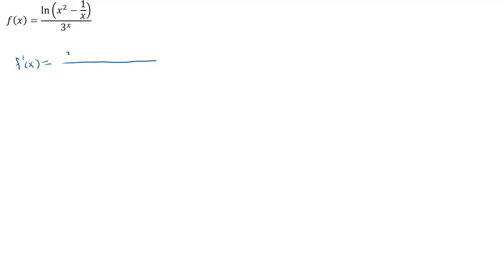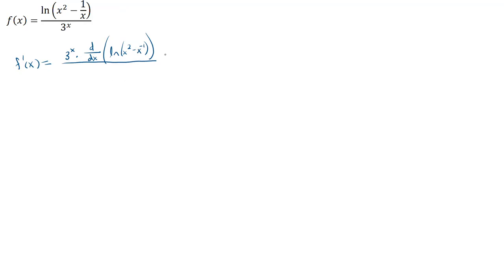So I'll take the bottom times the derivative of the top, and I'm thinking ahead about this 1 over x. I want to be able to take the derivative, so I'm going to go ahead and call the x to the negative first.